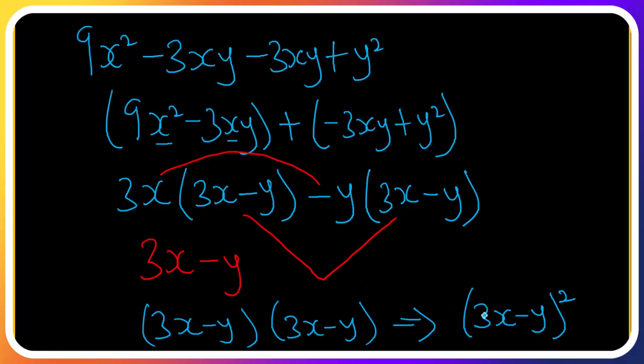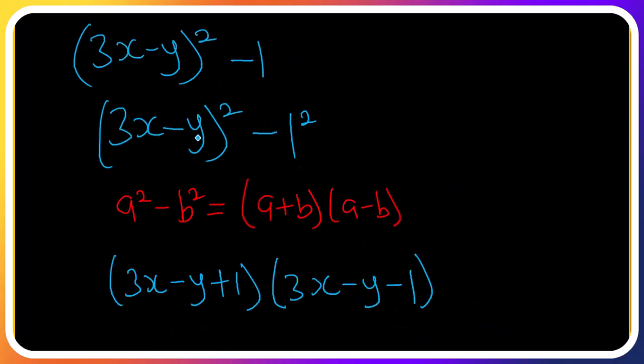After finding the factors, we had twice the factors, and that is the factor squared. After simplifying the perfect square trinomial, we added the constant term, which is 1, to it, and 1 squared is still giving us 1. So we had that, and this led us to the difference of two squares. Expanding the difference of two squares gave us the answer. So these are the two techniques, the perfect square and then the difference of two squares.